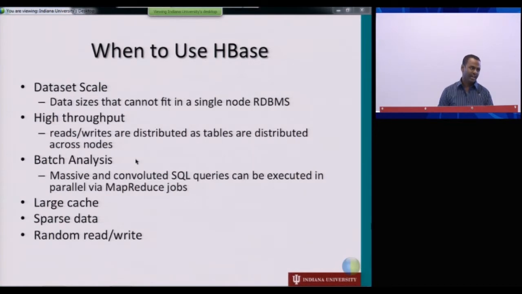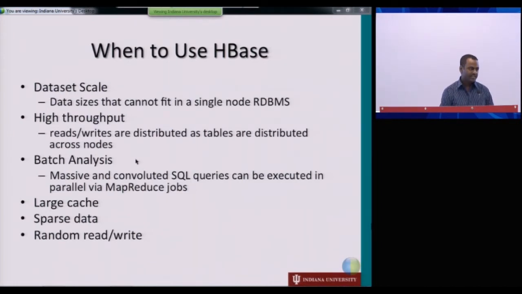The other thing is, it's normally considered that you should have at least around 5 nodes to get the maximum out of HBase. If you deploy an HBase cluster with fewer than 5 nodes, the advantages you get would be far less than with more than 5 nodes. This is just a rough number.